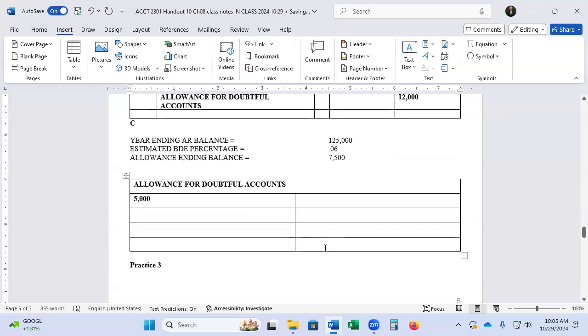So here we say, okay, we're supposed to get to a 7,500 ending balance. Well, we have a 5,000 debit balance, so we have to add it to the 7,500, and our adjustment is 12,500.